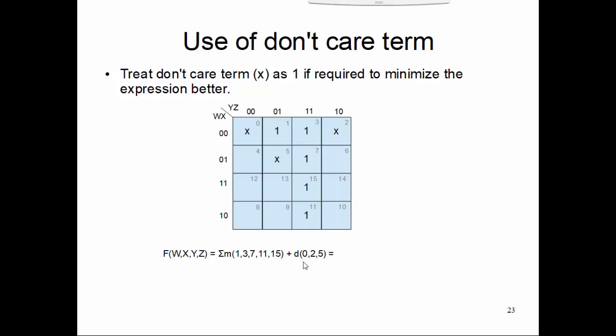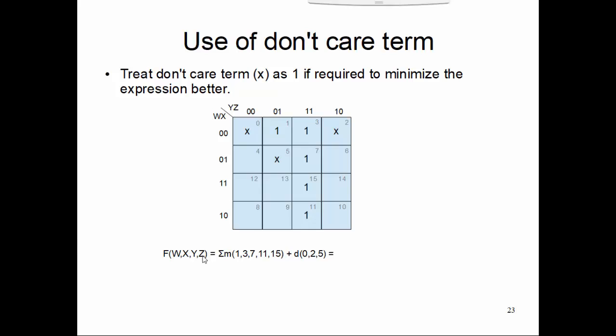In that problem, it might happen that by the specification of the problem itself, some combinations of the values of these related Boolean variables are guaranteed not to occur during the lifetime of that digital circuit. That means from the Boolean function perspective, those Boolean combinations are not going to occur.